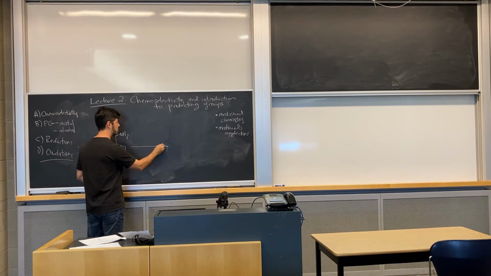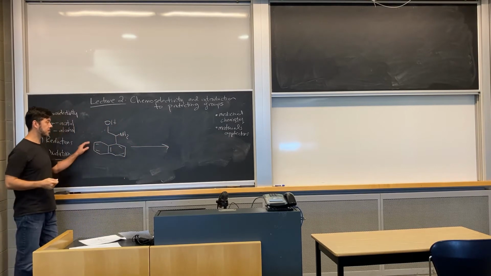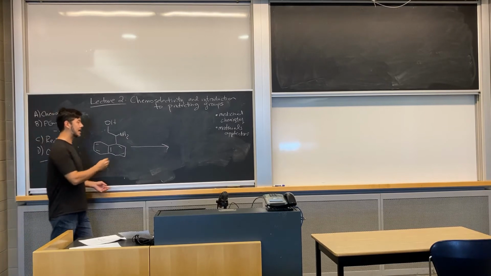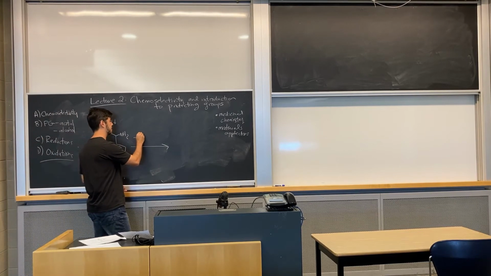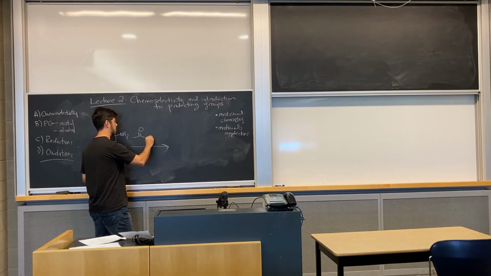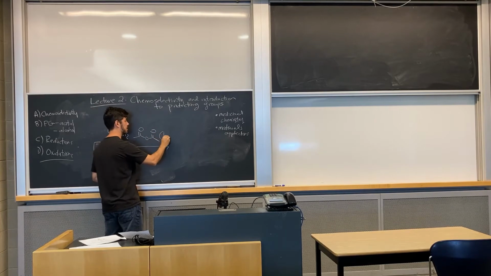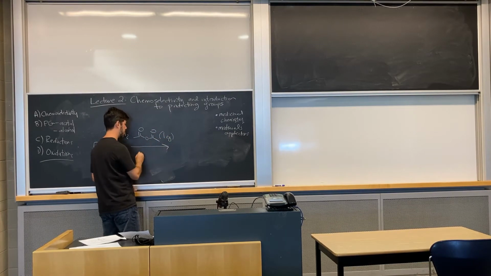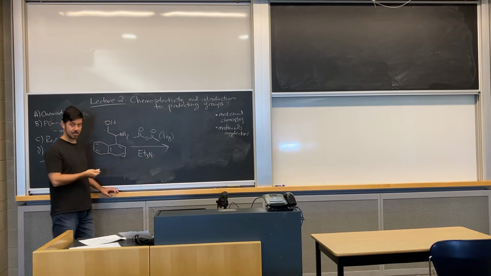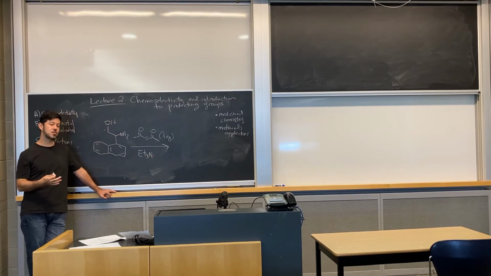So let's say we do this, we have the starting material and we add one equivalent of acetic anhydride and then some base. So my question to you is, what is the final product going to look like, and what's a major final product going to look like?